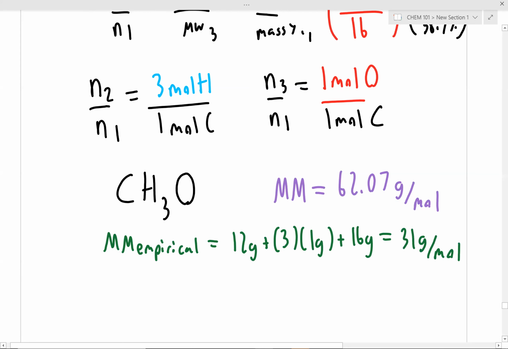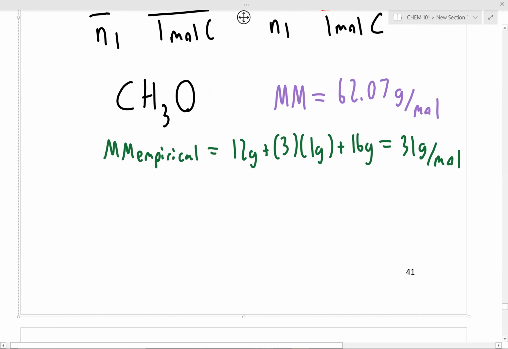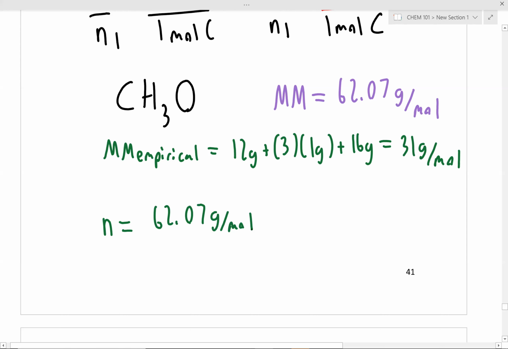Do we have enough information now to calculate N? Yes. So we're going to take our 62.07 grams per mole, which is our molecular mass, and divide it by 31 grams per mole, which is our empirical subunit mass.